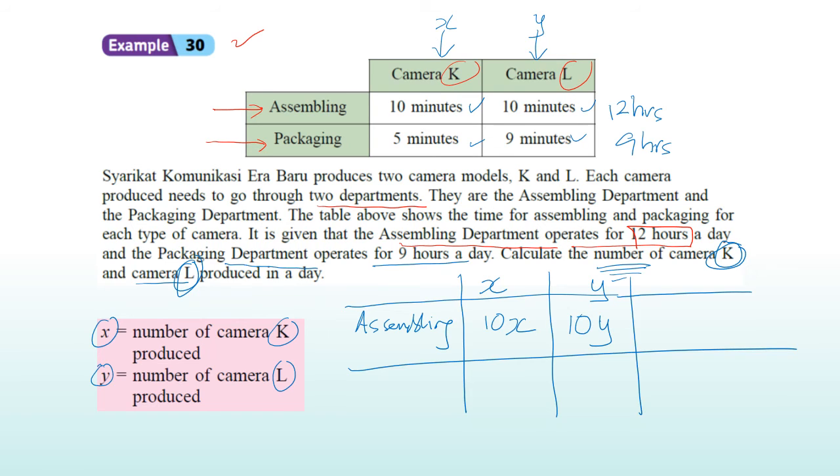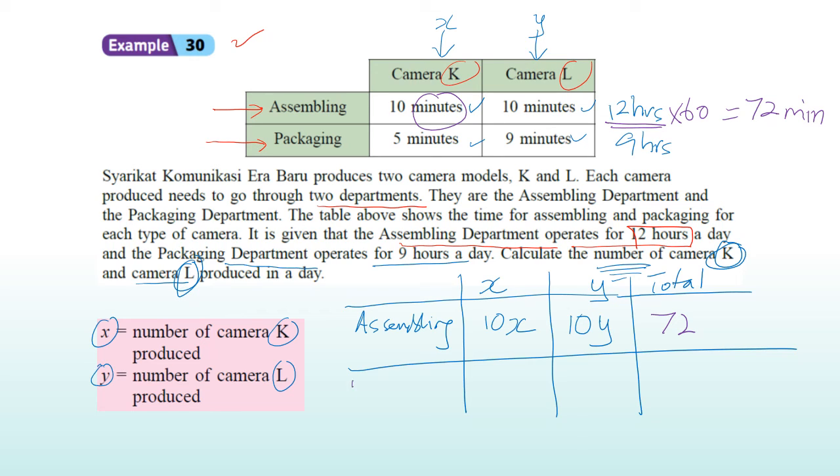So the total time is 12 hours, but because this one is in minutes, right, you have to change the hours into minutes. You just times with 60. You get here 720 minutes.